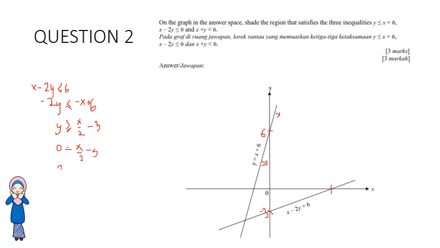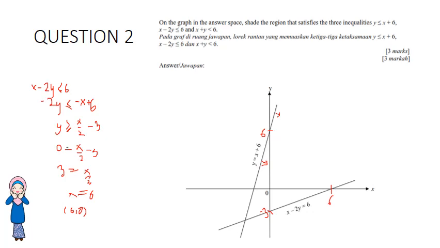So 3 equals x over 2, and we have x equals 6. So we have the point 6, 0. Okay, so this is the point 6.